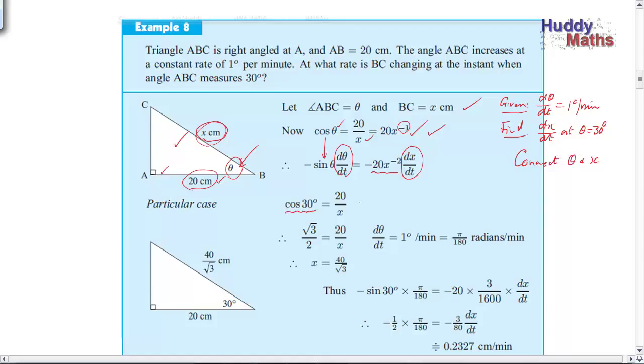So the cos of 30 is 20 over x, and we can rearrange it to get 40 on root 3. And now we're going to have to use our rates of change in radians, because the radian measure is easy to apply calculus to.